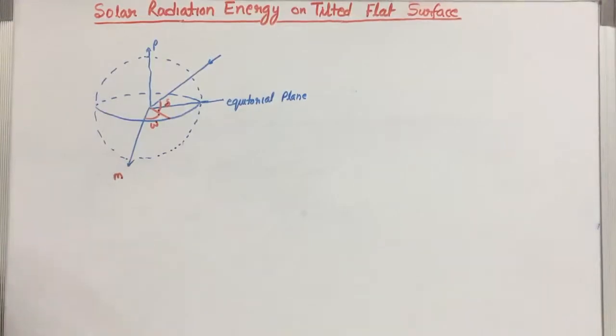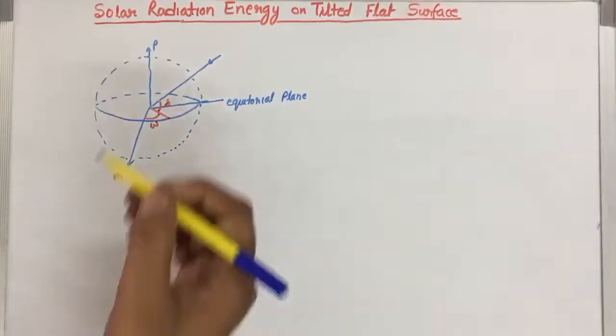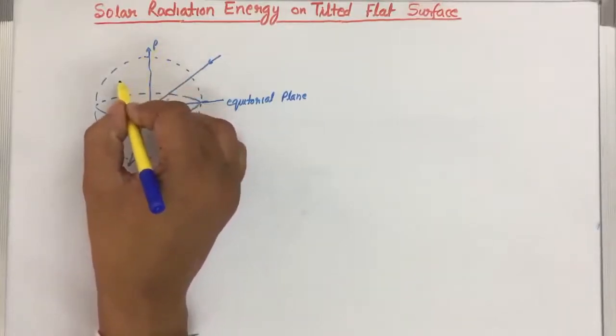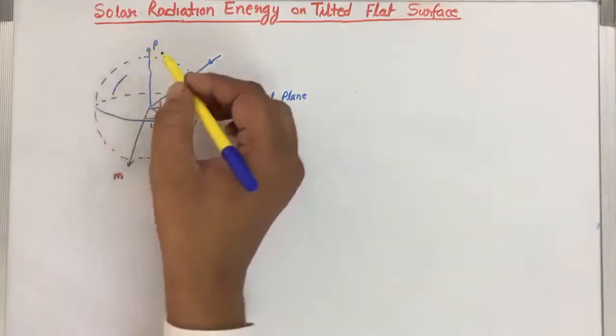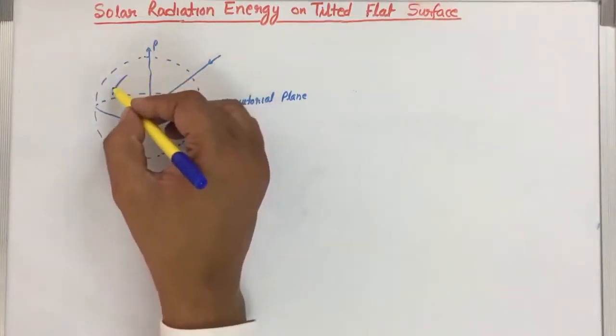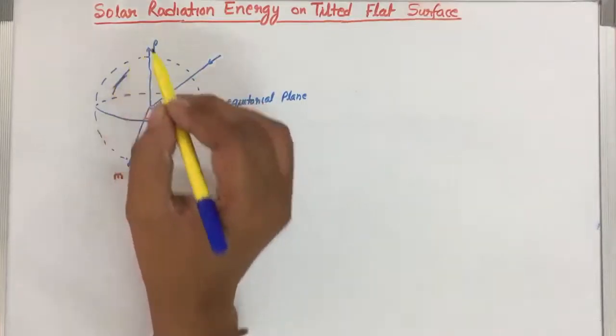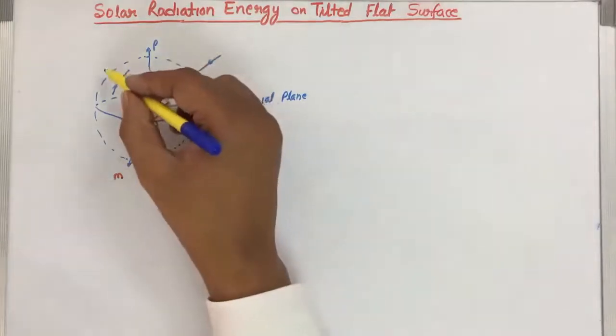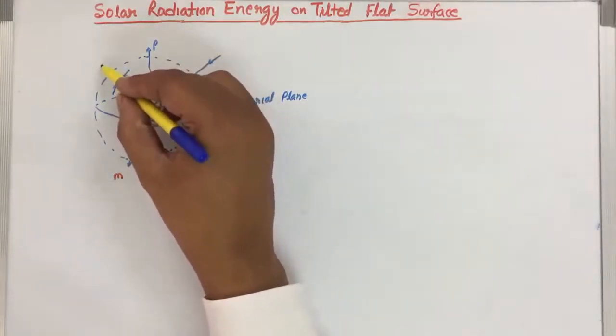Now consider any local centric coordinate system. For that purpose, this is the surface of the earth. Yesterday we have seen any flat plate placed horizontally like that.